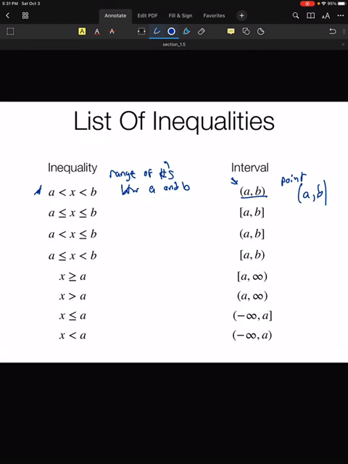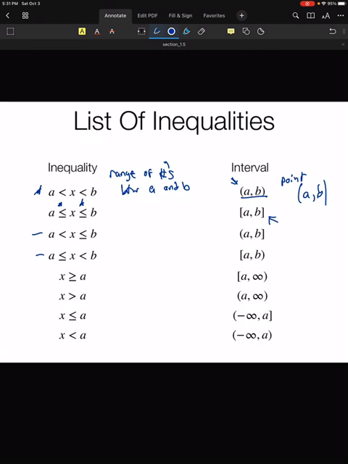Less than or equal to inequalities correspond to brackets instead of parentheses. In the third and fourth one here, you see different combinations and how those intervals change. Their endpoints change.